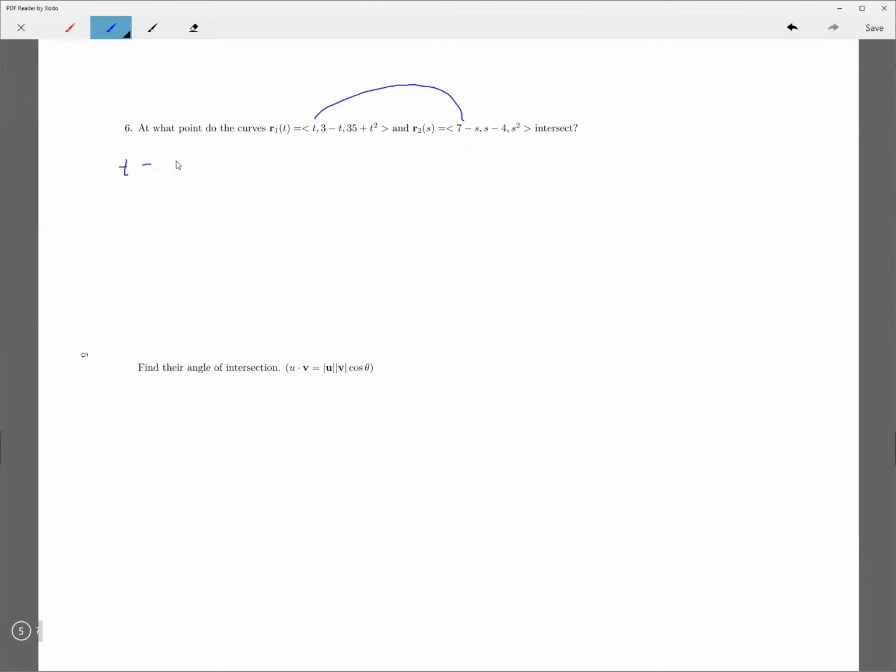So you have t equals 7 minus s, and then you're going to equate these two. So you have 3 minus t equals s minus 4. And then those ones, you're going to equate these. And you have 35 plus t squared equals s squared.